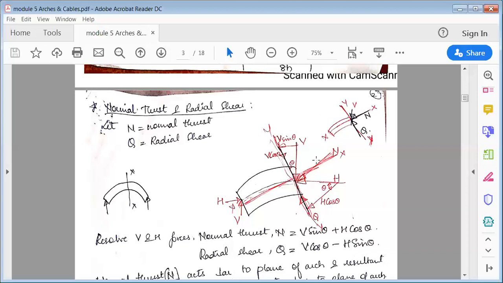Now because this diagram becomes a little tedious for you to understand, these things become simple if you just look here. Of course, here also it is the same. See here, normal N is acting exactly perpendicular to the cut axis, and Q is acting parallel to this cut axis, and this is the angle theta.